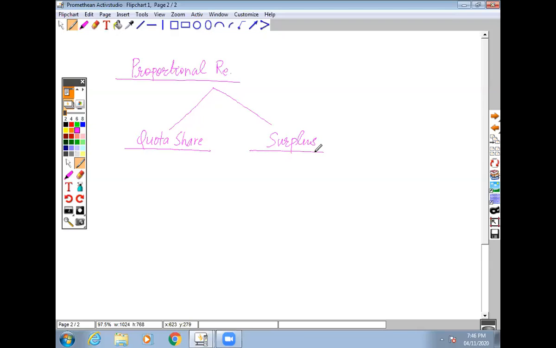Okay, so let us see what happens in quota share. Whenever I'm talking about proportional reinsurance, we have something X initially, and Y is just some proportion of X, and Z is again some proportion of X. Did you see something here?